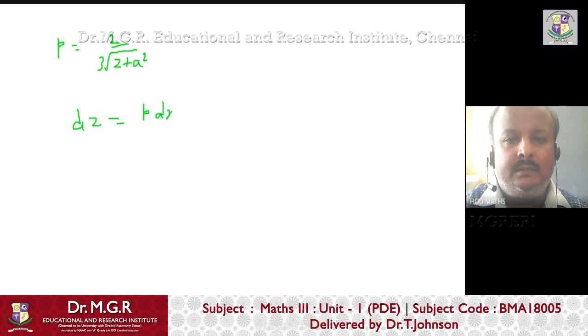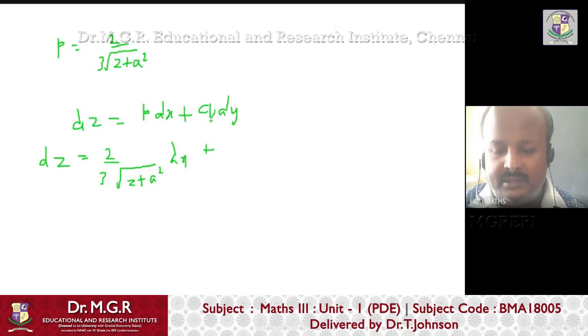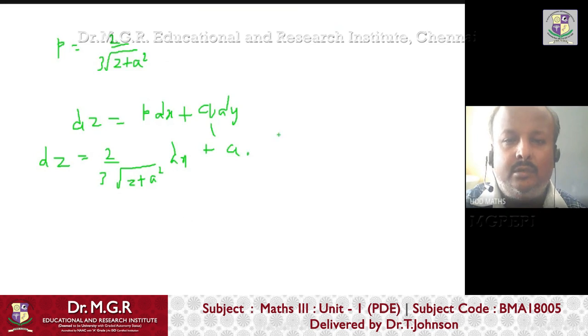Now you can write dz as p dx plus q dy, right? So dz again can be written as p, which is 2 by 3 square root of z plus a square, into dx, plus q, which is a times p, so a times 2 by 3 square root of z plus a square, dy.